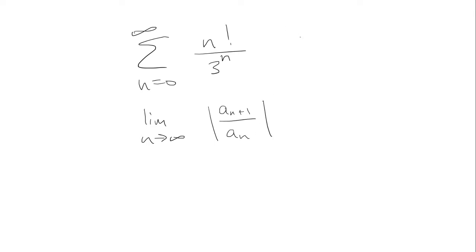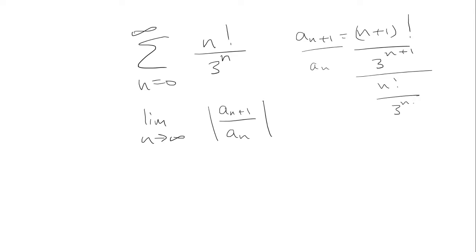So for us, a sub n plus 1 is just n plus 1 factorial over 3 to the n plus 1. And we're going to divide that by a sub n, which is n factorial over 3 to the n.